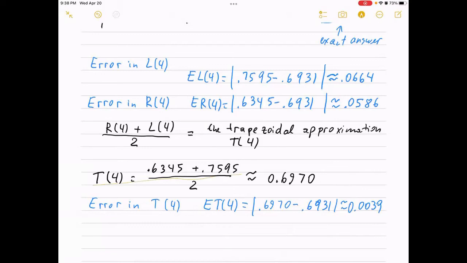So the error for trapezoidal is 0.0039, and if you consider it with the errors which we obtained earlier for the left approximation and the right-hand approximation, then you definitely see that trapezoidal is much more accurate.